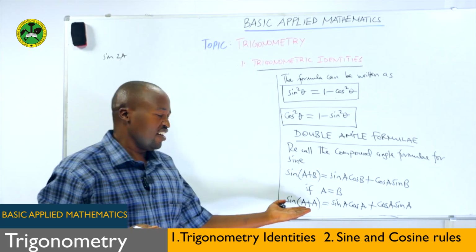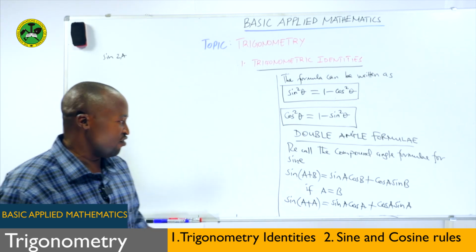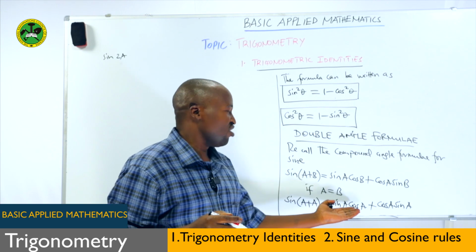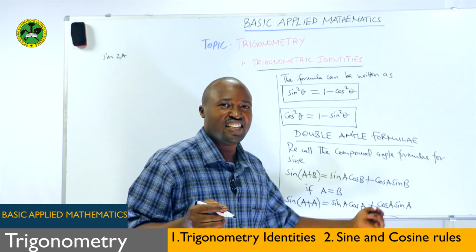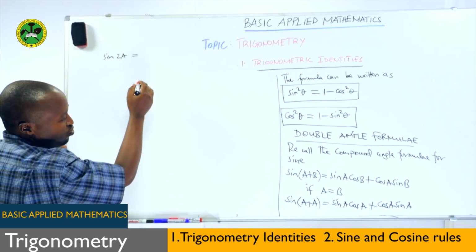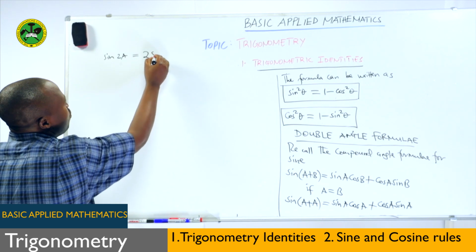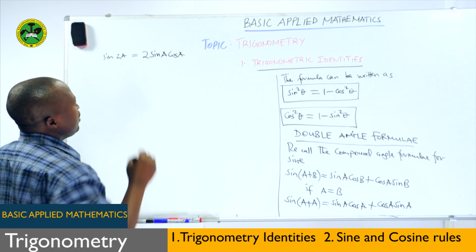If you look carefully, sine A cos A is the same as cos A sine A, so we write this as 2 sine A cos A.